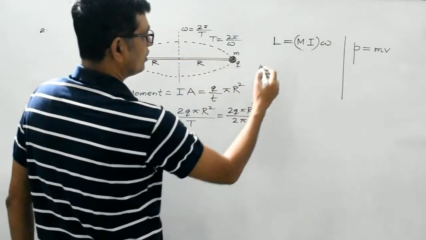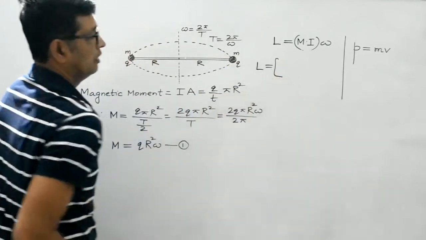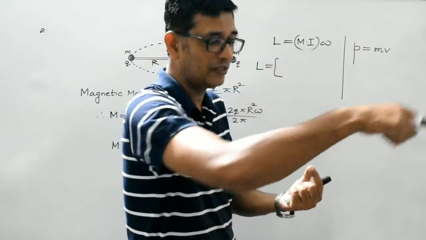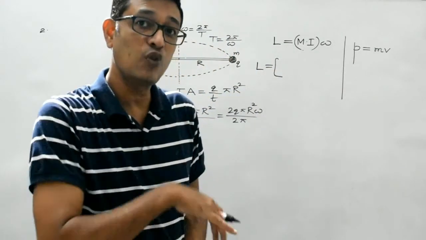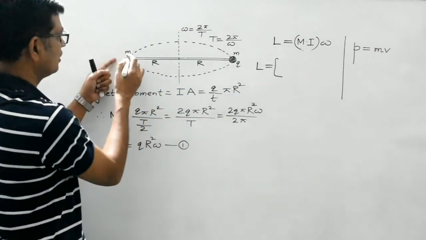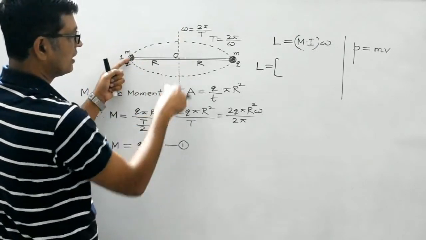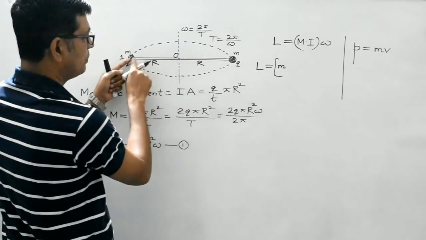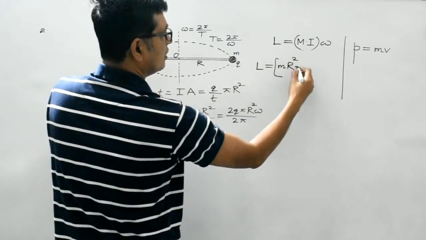So, coming back to this question, the angular momentum of the system would be, now, the moment of inertia for a point mass rotating about a given axis is equal to the product of mass and the square of its perpendicular distance from the axis of rotation. So for this first body, its moment of inertia from this axis of rotation would be m into the square of the perpendicular distance, that is r square.